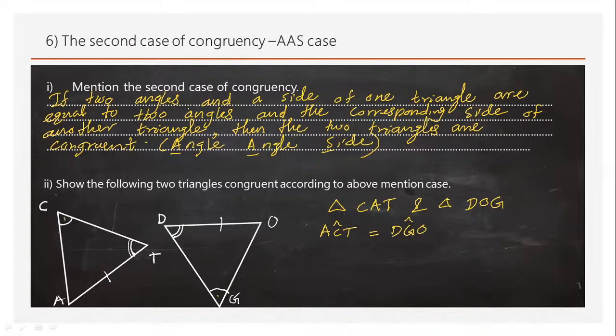DGO, this angle and this angle. So what is this angle and this angle equal? So we can write angle ATC equals angle TDO.